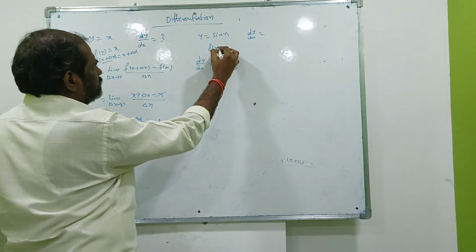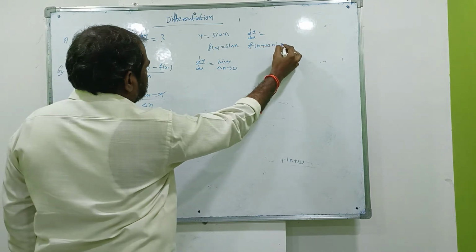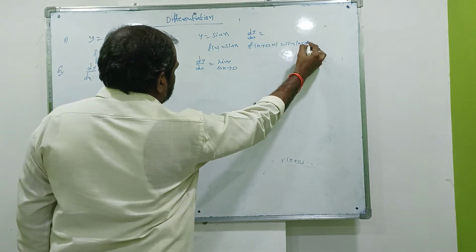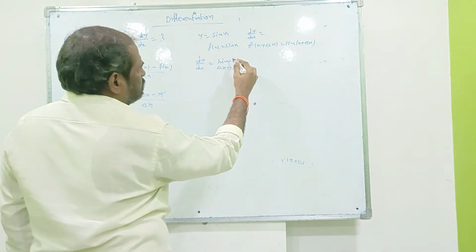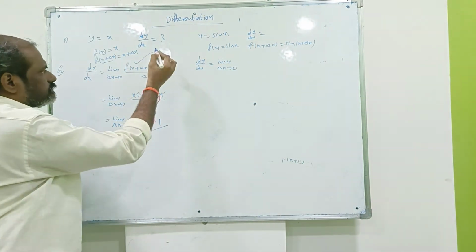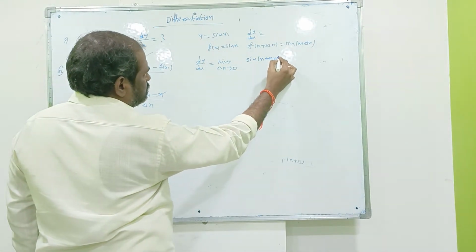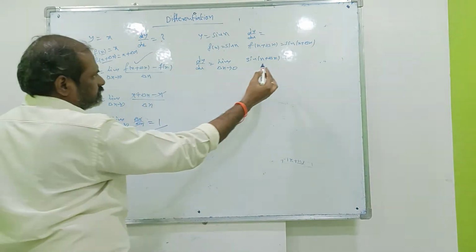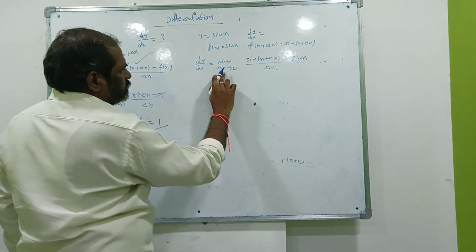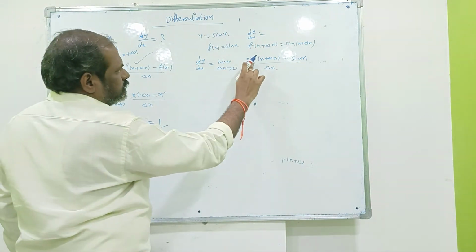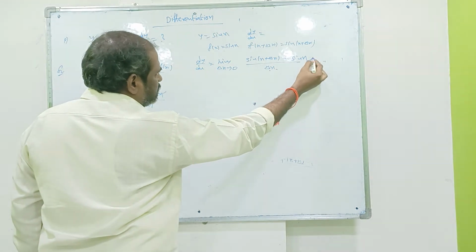Here f of x is sin x, f of x plus delta x is sin of x plus delta x, minus f of x which is sin x, by delta x. If we substitute delta x tends to 0, we get sin x minus sin x, that is 0 by 0, an undefined form.